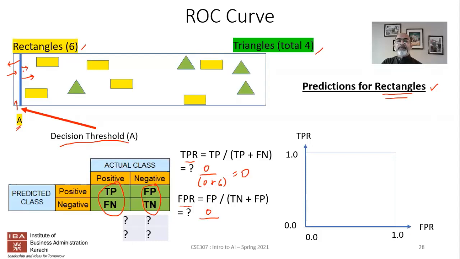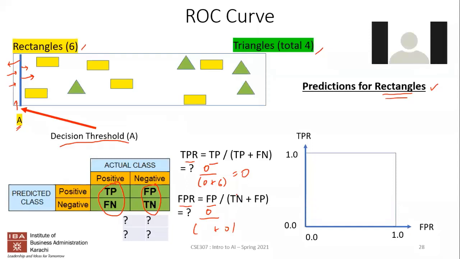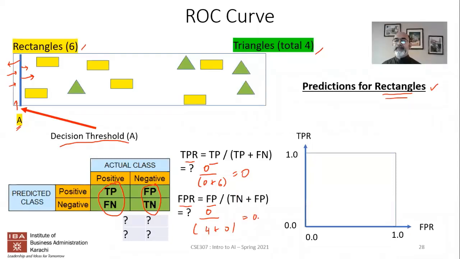So as you can see, both true positives and false positives are actually zero over here. Nothing has been considered. It's an extreme case of the decision threshold. So the false positive rate will be zero. And how many true negatives are there? Yeah, there'll be 4 true negatives.